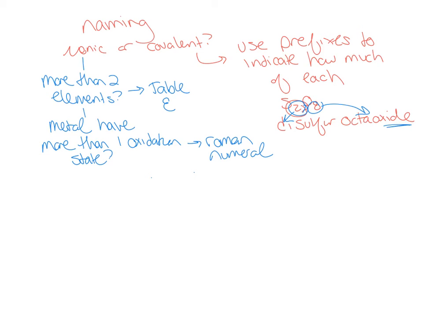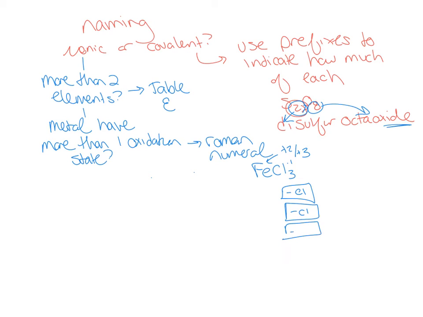Okay, so for example, if I gave you FeCl3, okay, the Fe could be +2 or +3. Those are the options on the periodic table. Okay, in this case, it's using +3 because chlorine's -1, and there are 3 of them. Okay, what that really means is that I have 3 negatives.